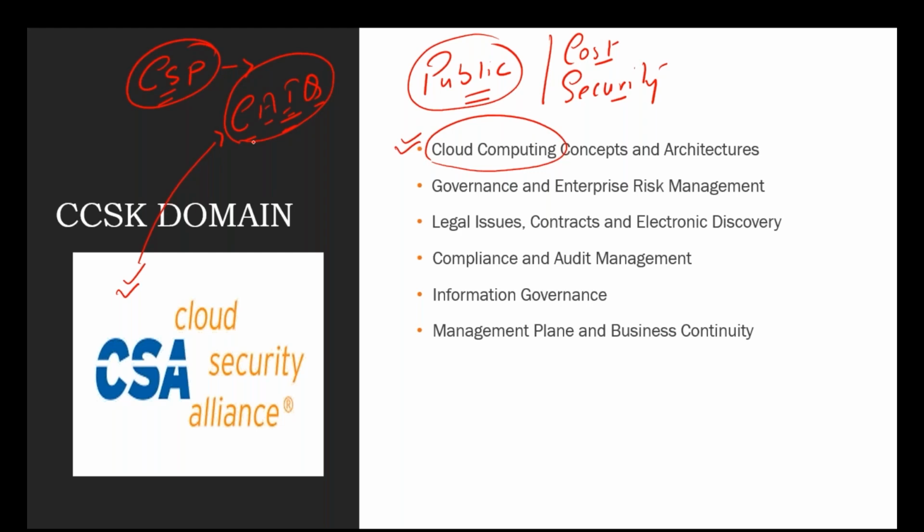There's a set of questions prepared by CSA, and voluntarily each of the cloud providers, whether it is AWS, Microsoft Azure, Alibaba, Oracle Cloud, any one of them, is going to participate and will provide the responses to those questions. And this documentation is publicly available on the CSA website. Also, you can visit the cloud provider's website and download from there too.